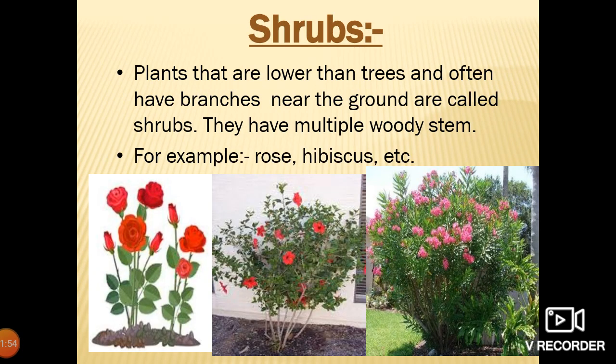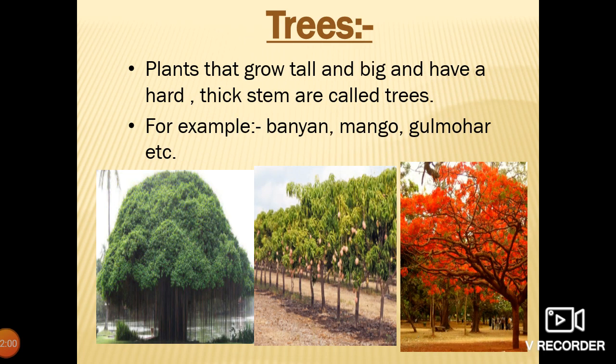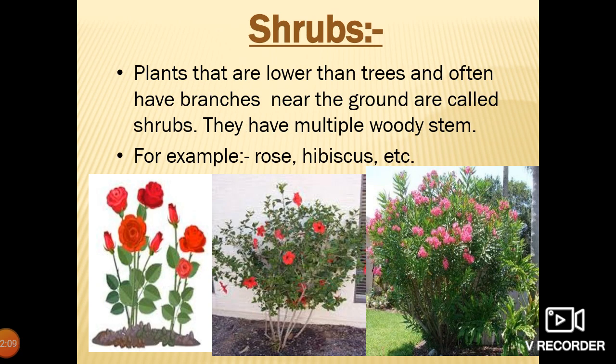The next is shrubs. Shrubs are smaller than trees. As you can compare with the help of these images, this is the tree and these are shrubs. They have a small, thin, hard, woody stem and many branches.